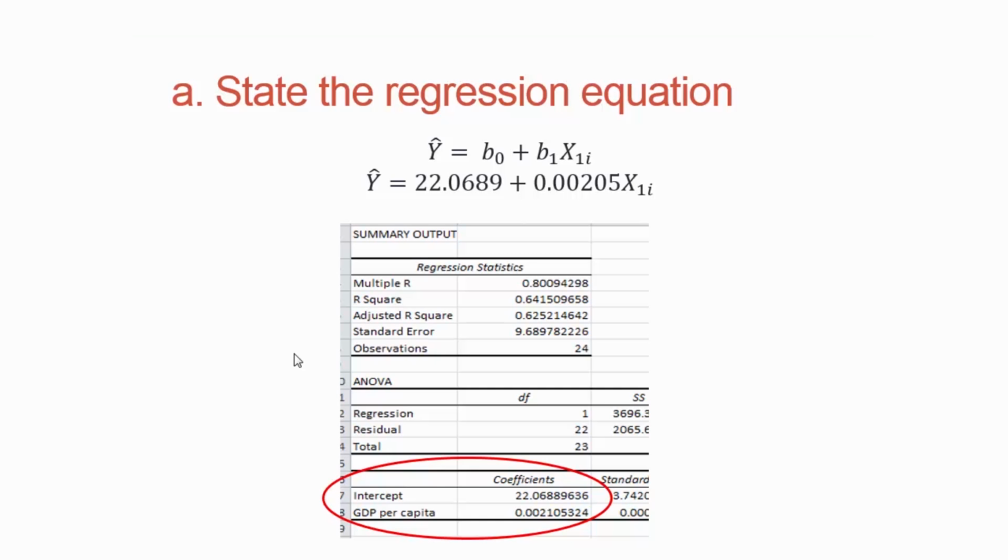The correct form is y hat equals B0 plus B1 x1, where B0 is the intercept, and here's the intercept, and the slope is the B1 value that corresponds to x1. Okay, that's part A. Just write it down in the form of an equation. I don't want the numbers, I want it in the form of an equation.